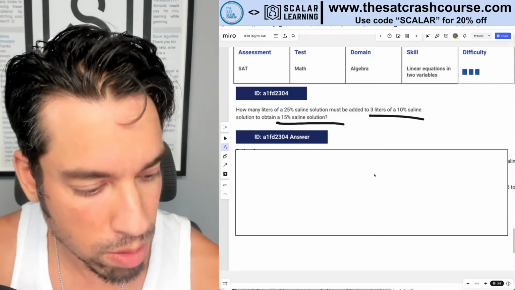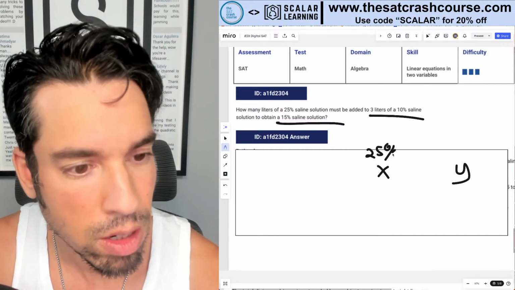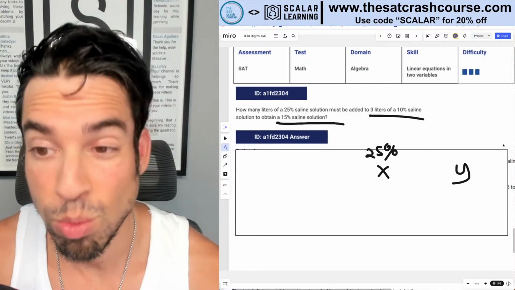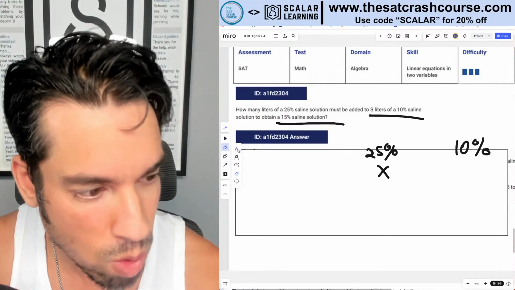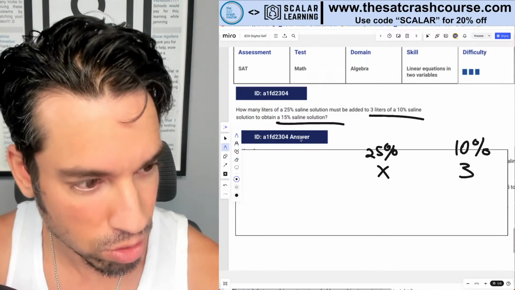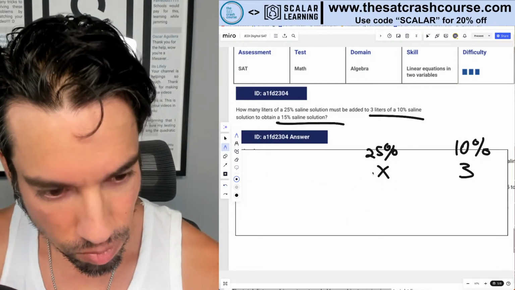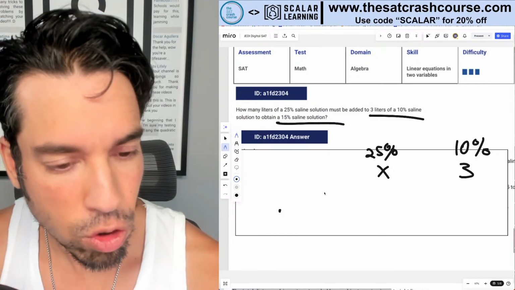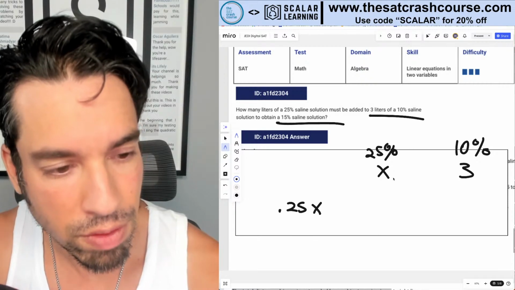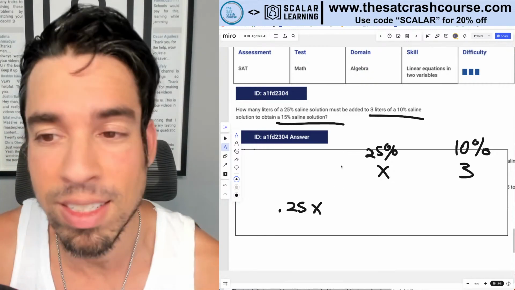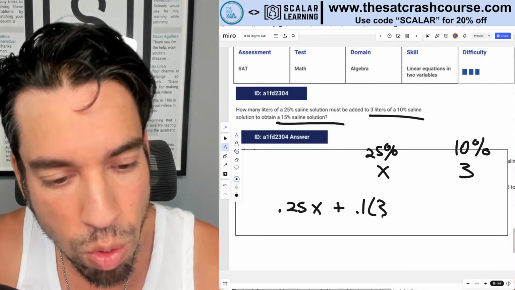All right, so I'm going to start with the mixture problem as follows. X is my amount of 25%. They're telling us what Y is, so I don't need a Y here. That's my 3 liters of my 10% solution to get a 15% solution. Now, watch how I'm going to do this. I want an equation that connects everything. So we've got 25% of this solution, which I don't know the quantity of, but 25% of that tells me the amount of saline in it, plus my 10% solution, which I know the quantity, which is 3.